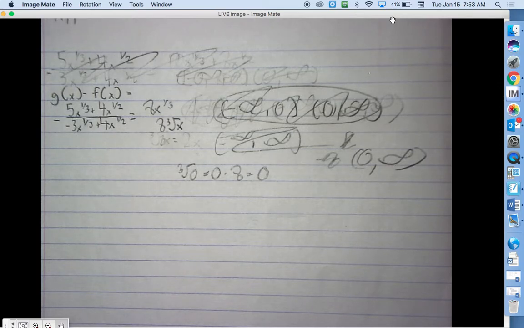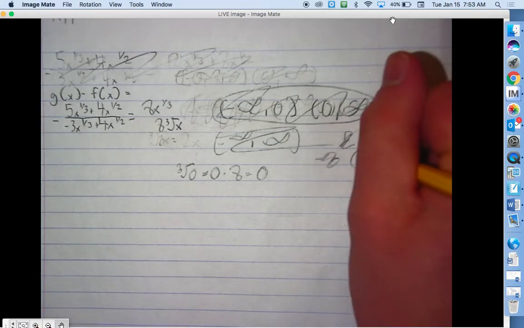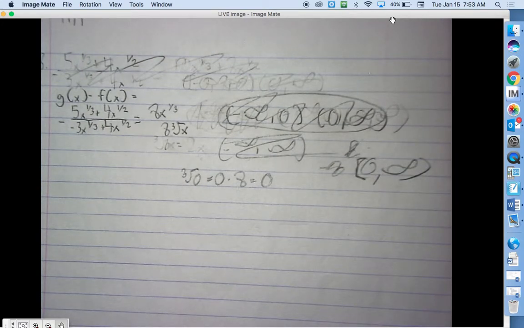Oh. So it would be from 0 to infinity with a bracket around the 0. Okay. Like that? Anytime there's a square root, it's greater than or equal to 0. I think I understand this better. Questions?